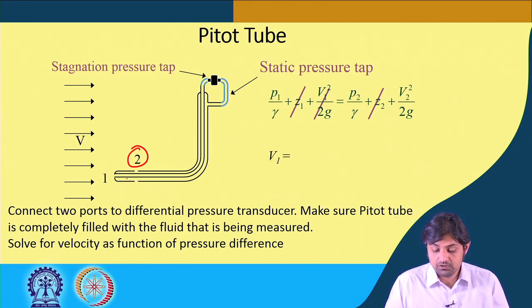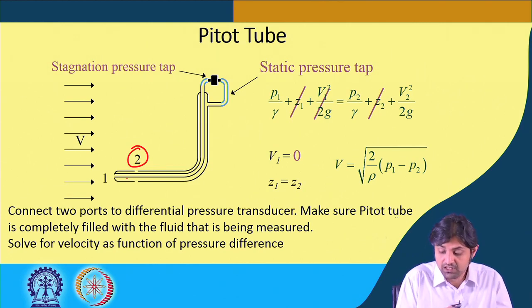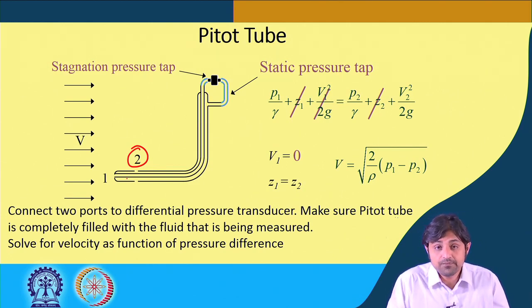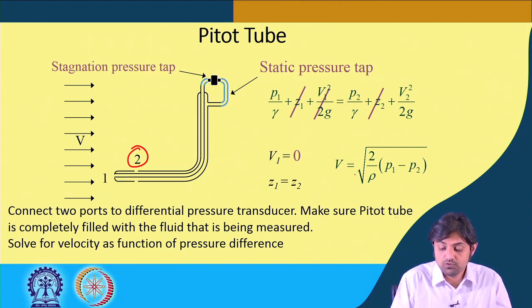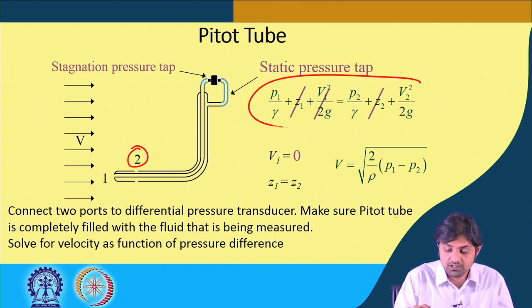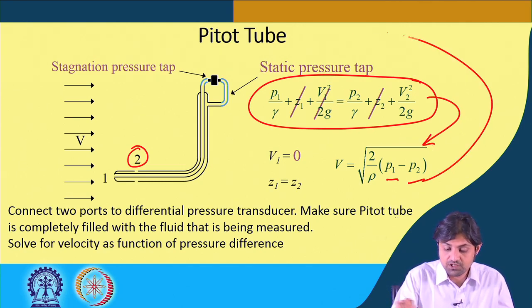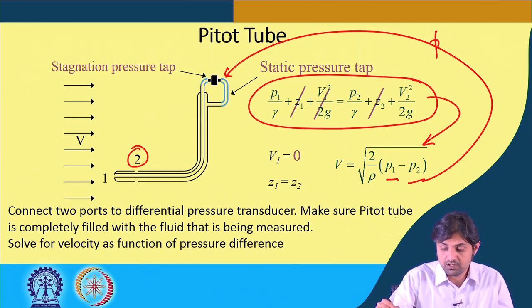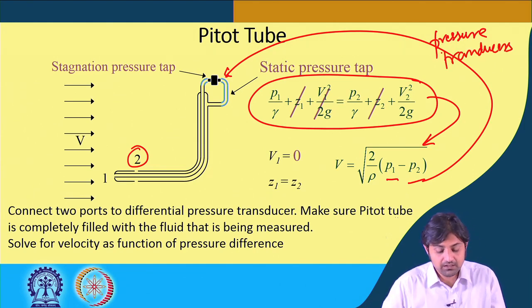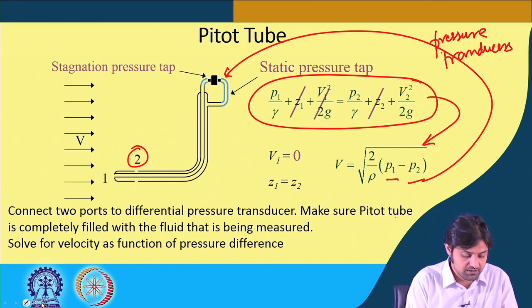So, V1 is 0 and Z1 is equal to Z2, that is why we have done this. So, V that is measured is a function of the difference of pressure, and using this equation we get this, where P1 and P2 are measured using the pressure transducers. So this is how the pitot tube works.